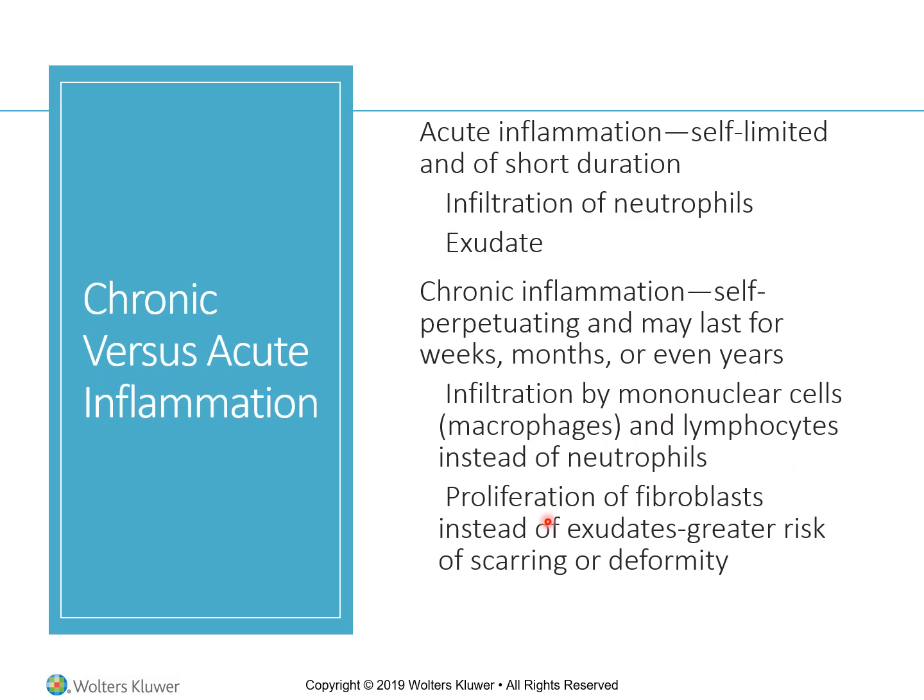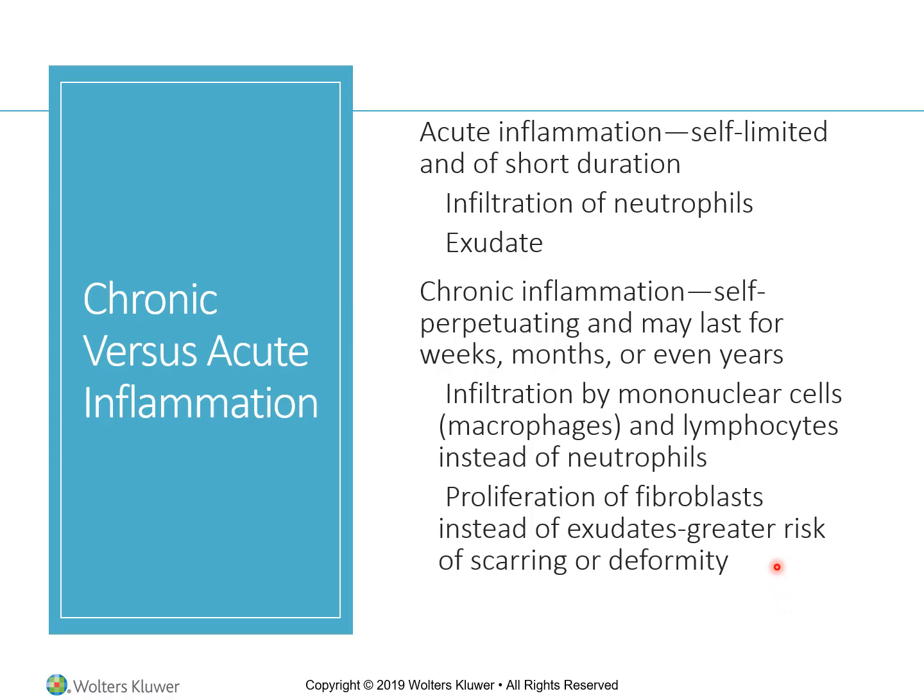In addition to those cells, we also get proliferation of cells that we call fibroblasts instead of the exudates or fluid infiltration that we see in acute inflammation. Fibroblasts tend to be cells and components related directly to the tissue repair process.